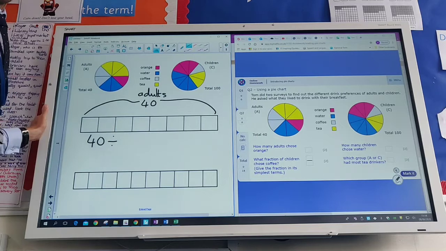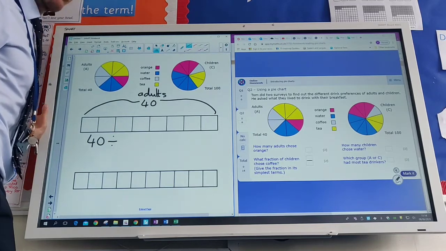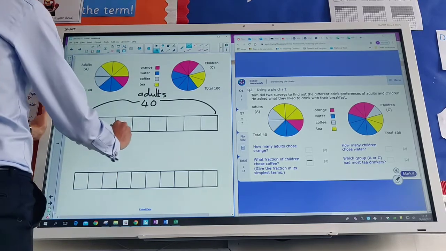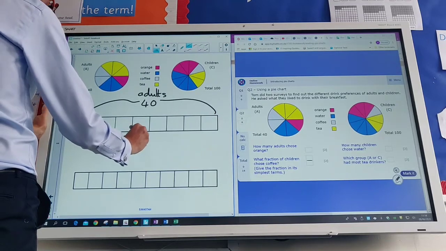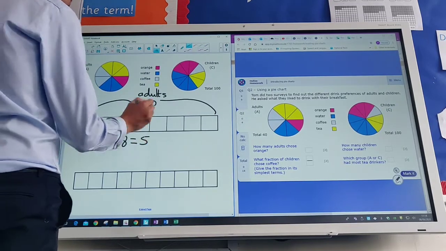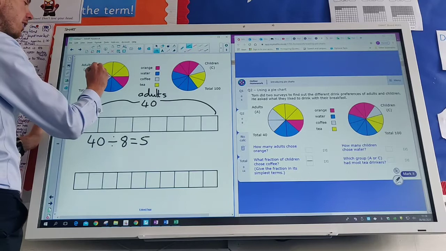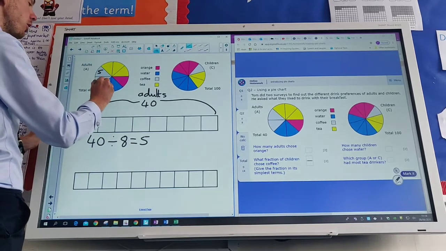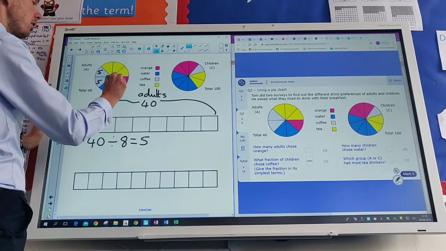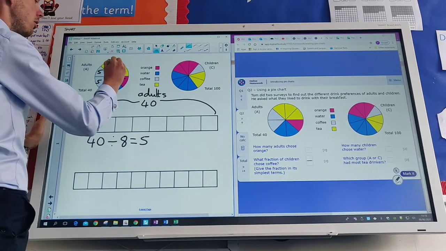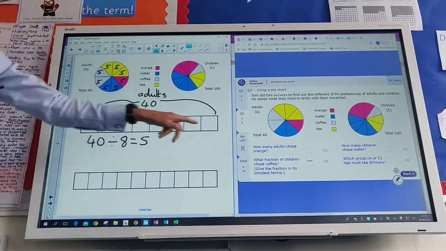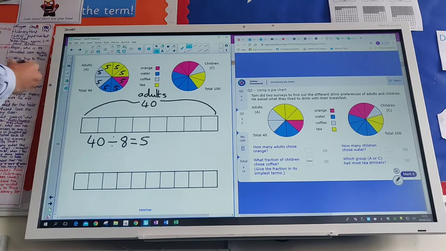What would the missing number be here? Yeah, it would be divided by 8 parts, which gives us 5. So each part on here is worth 5. And it would be the same on our bar model at the bottom here.